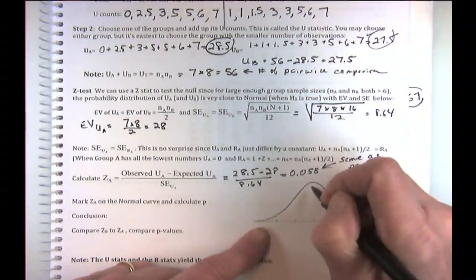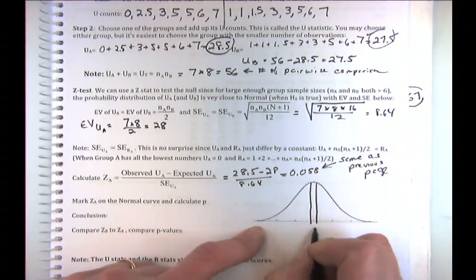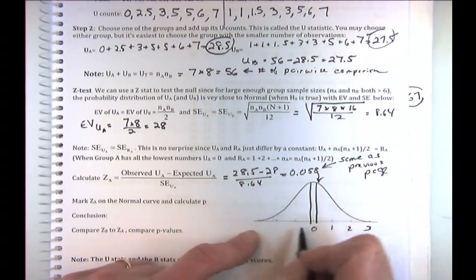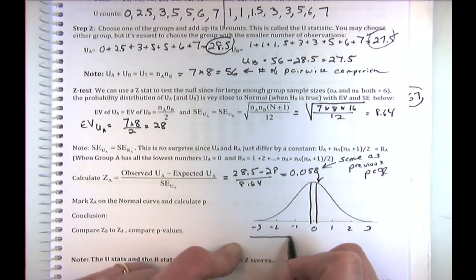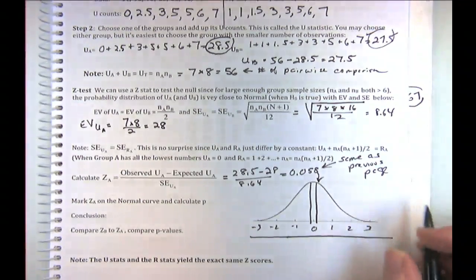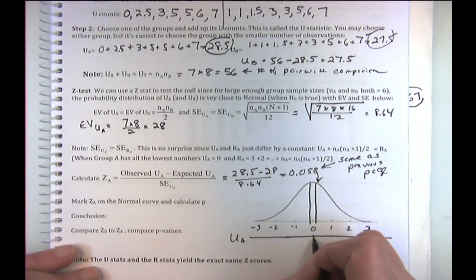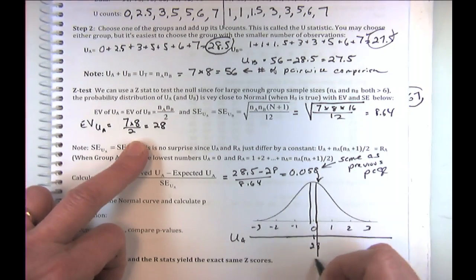So of course you're going to have the same graph here. You have 0, 1, 2, 3, -1, -2, -3. And if I did it as a U this time, then the expected value is 28, and this right here is 28.5.